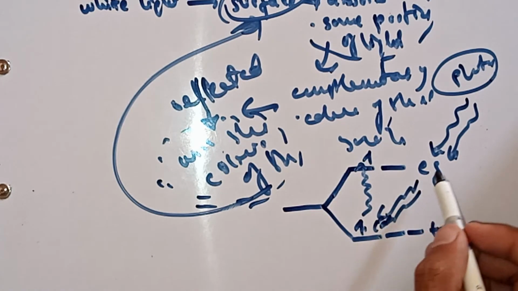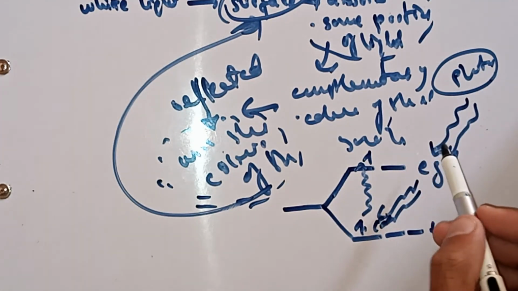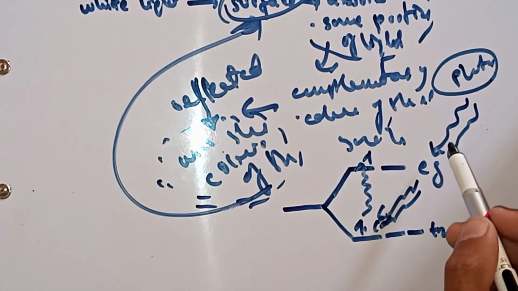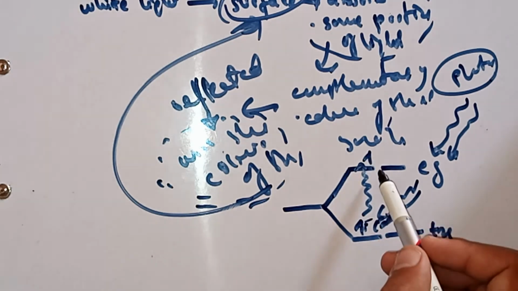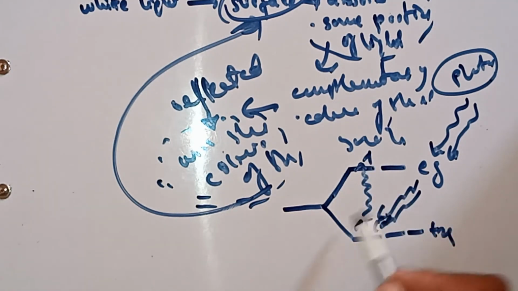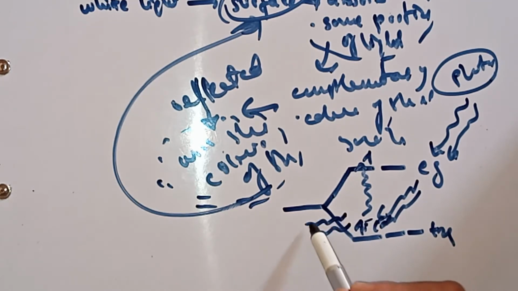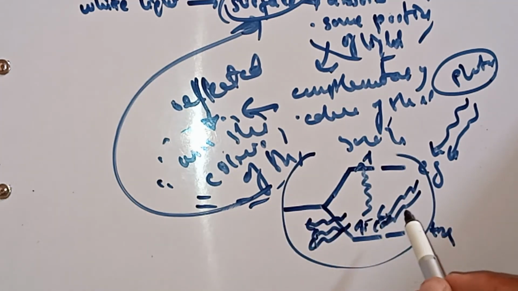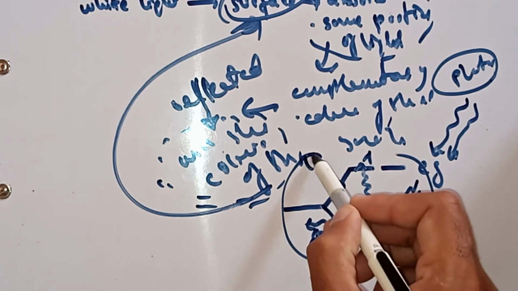There are seven different colors in white light. When some portion of the white light is absorbed by the electron, it goes into the excited state, while the remaining colors, the complementary color, will show the color of this transition metal complex, because some portion of light is absorbed due to the transition.